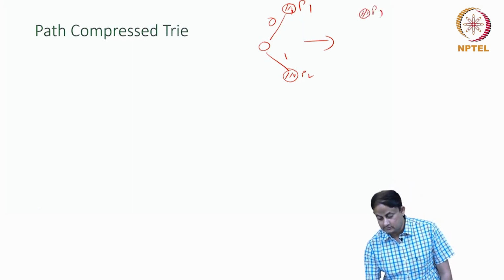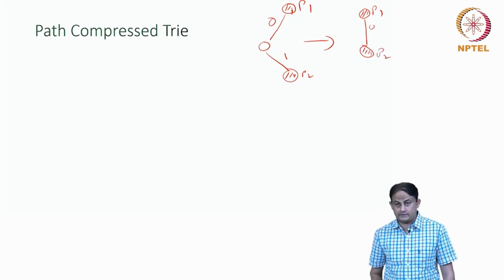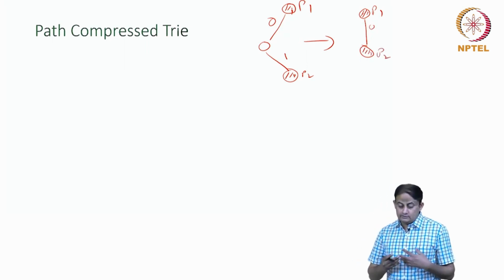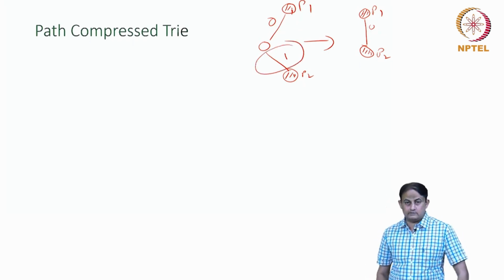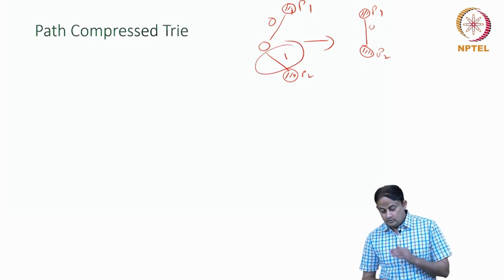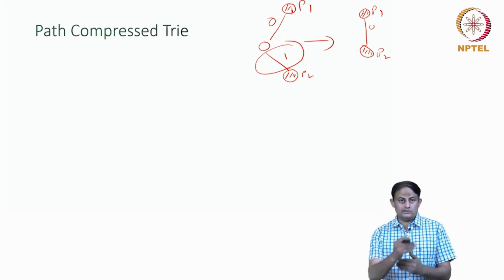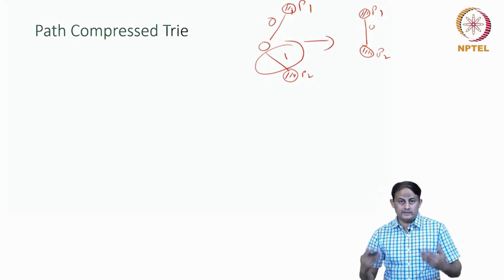So, this is my P1 and then 0 followed by 1. I keep this 0 and make this node the prefix P2, and then I need to remember that this entire thing is skipped. How many bits have I skipped, and the second thing is, what are the bits that are skipped.